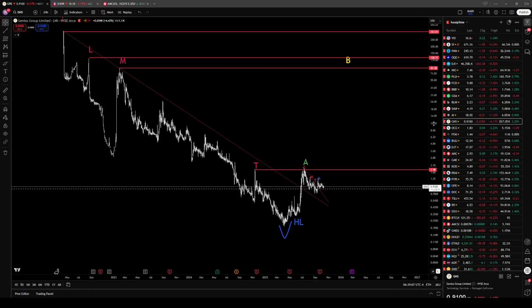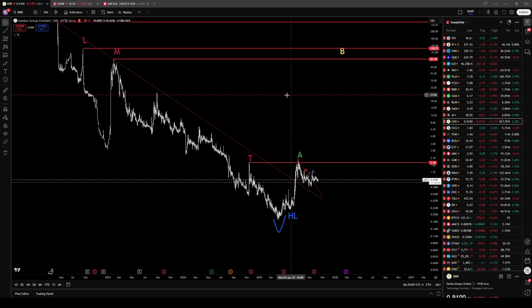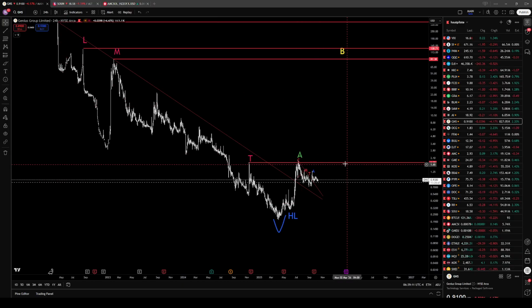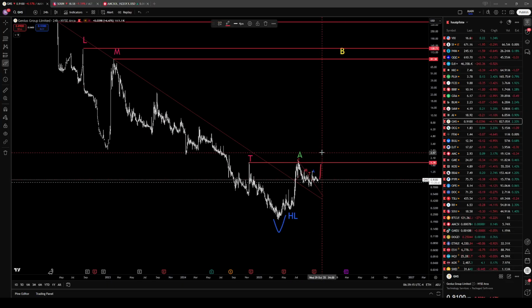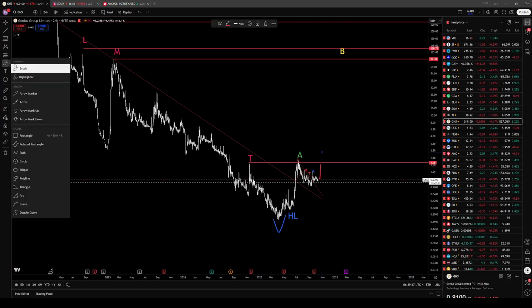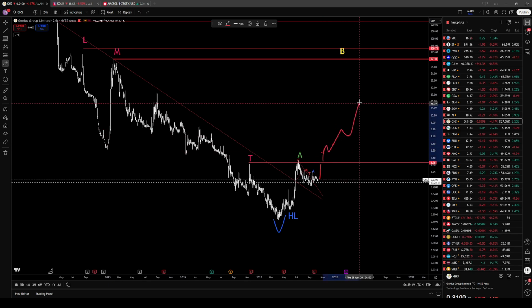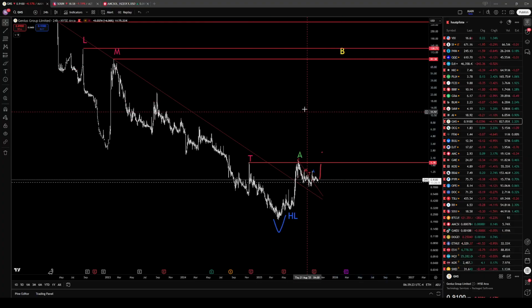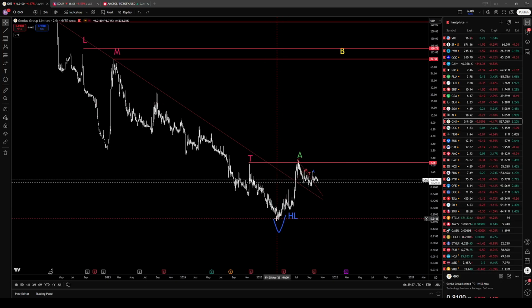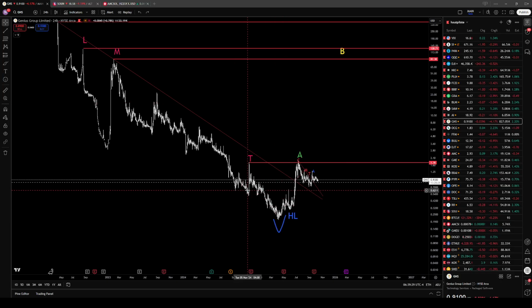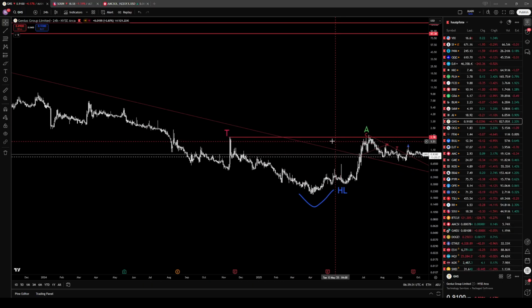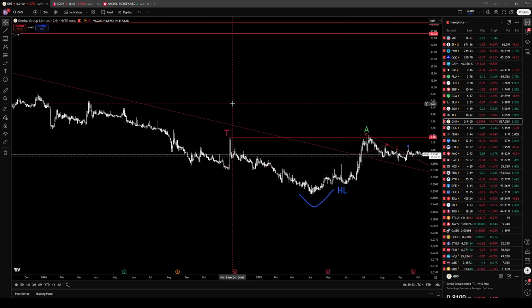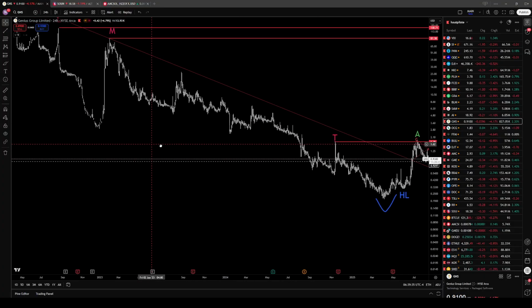For how this move would look like, you saw that in the past. Most of the times, GNS isn't giving you this small slow uptrend. Most of the time, GNS is doing its V, higher low, and go. You don't see ABC.